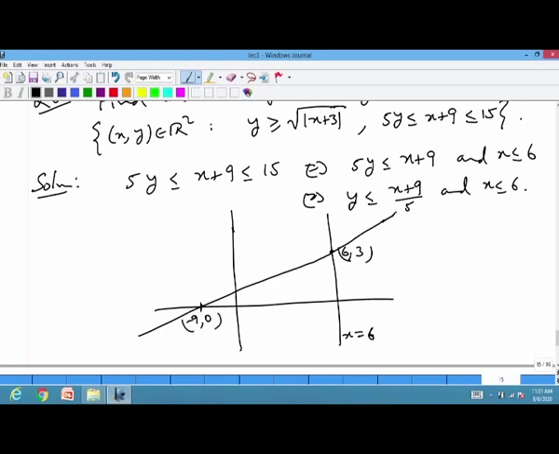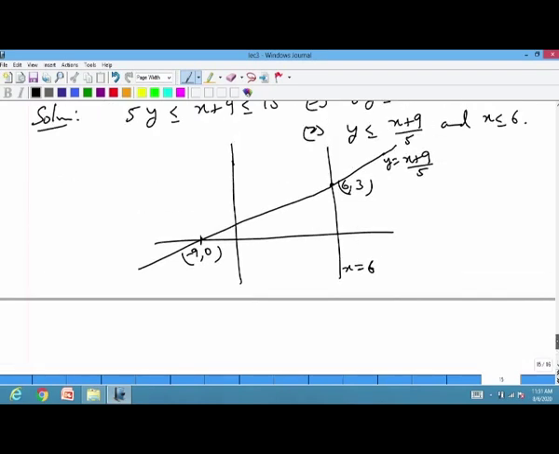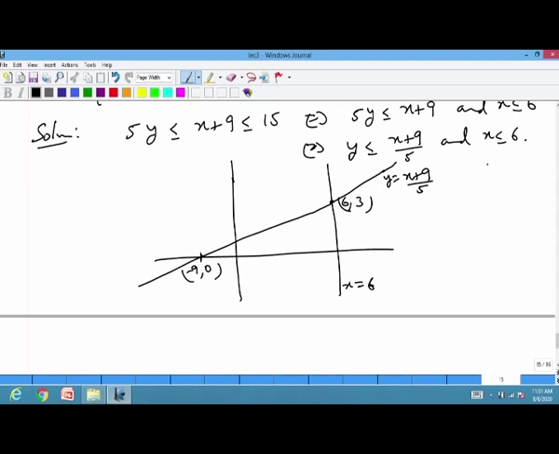This is the straight line y equal to (x plus 9) by 5. So, y less than equal to (x plus 9) by 5 is the region below this line, and x less than equal to 6 is the region to the left of the line x equal to 6. So, this gives this region which is bounded between this.